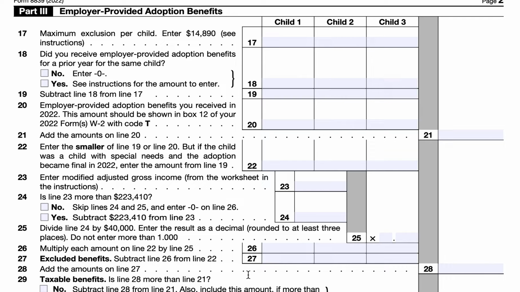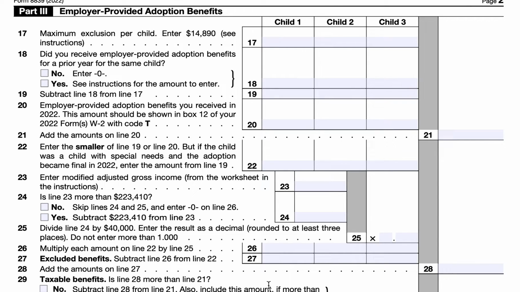In line 26, you will multiply each amount on line 22 by the decimal number in line 25. For example, if child 1 had $10,000 of expenses and the decimal amount in line 25 is 0.500, then the amount you would enter would be 10,000 multiplied by 0.5, resulting in $5,000.